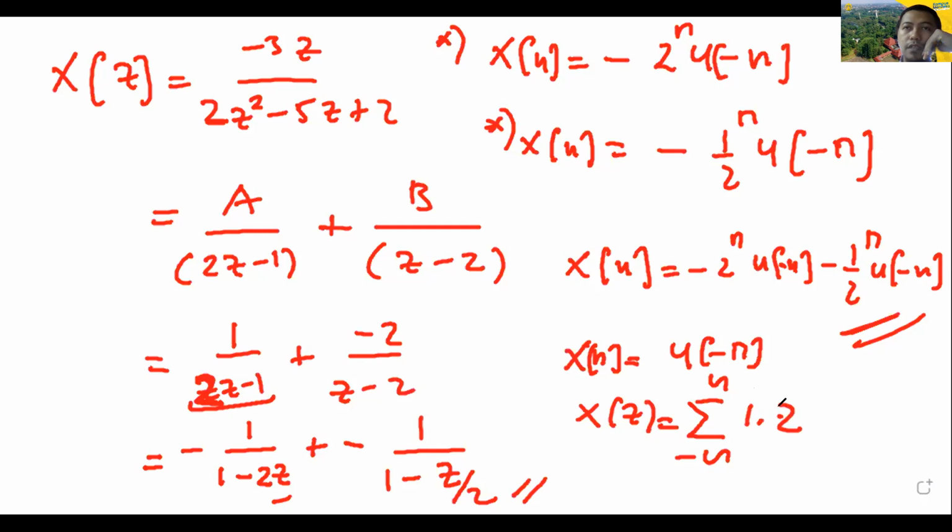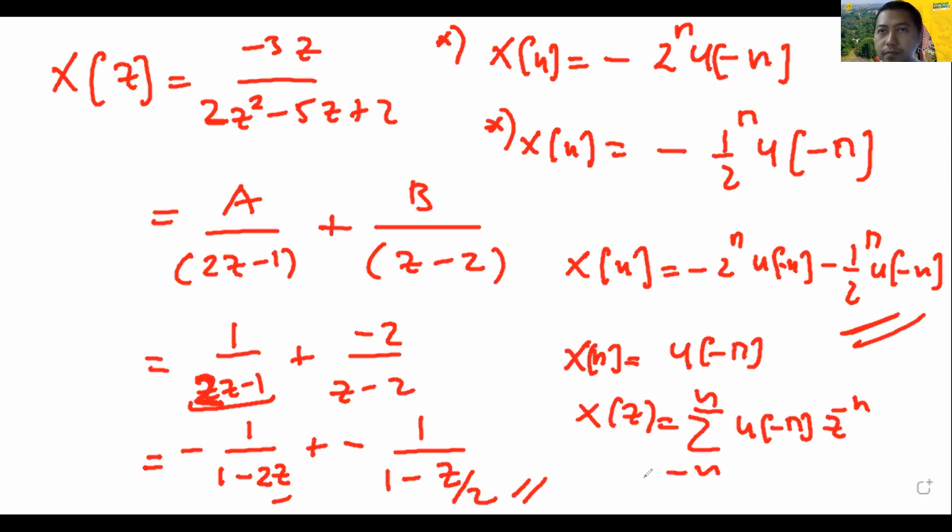The z, the formal definition is, wait a moment. Okay, the formal definition of the z is from minus infinity to positive infinity of u minus n z minus n. Is it correct?